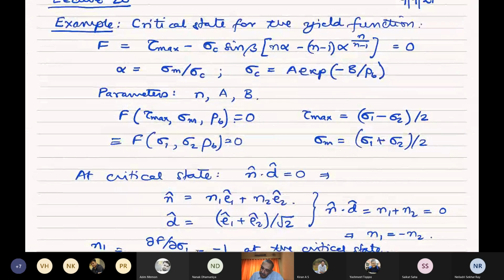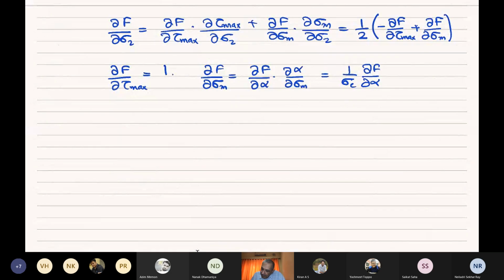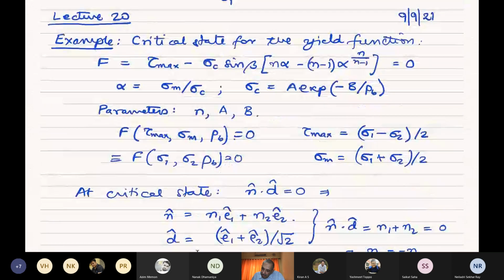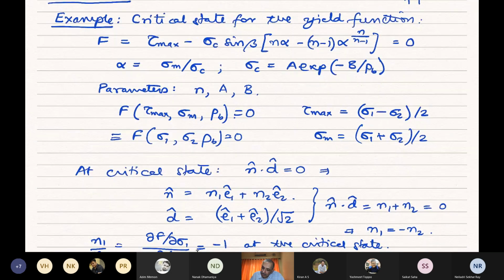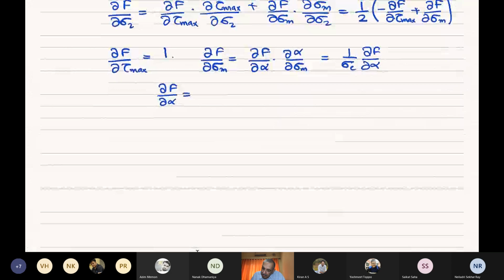Now let's look at this. If you take the derivative of this with respect to alpha, then what do you get? So you get del f by del alpha is equal to, the first term will go to 0. This is just a constant. And then here, when you take the derivative with respect to alpha, you just get n. And from here, you will get n into 1 minus n. So let me write this down.